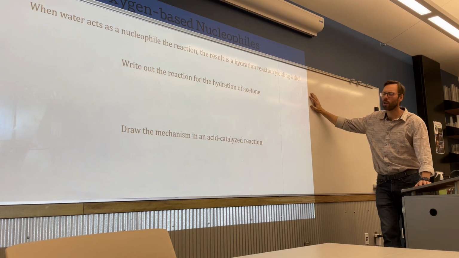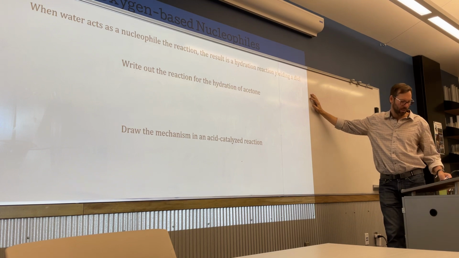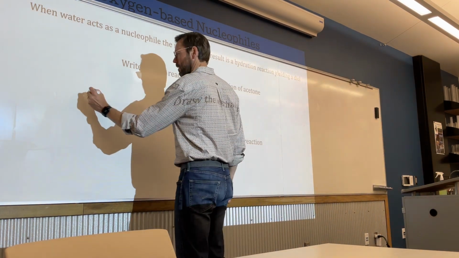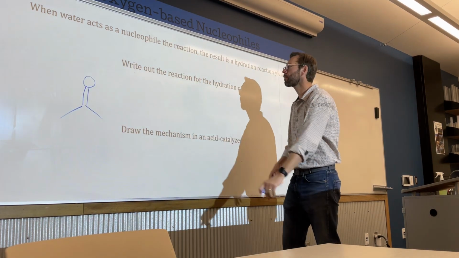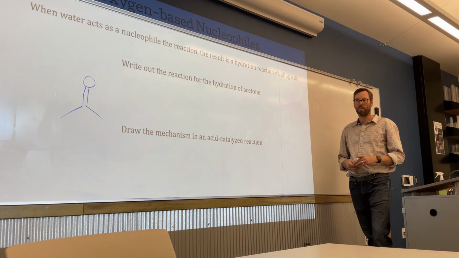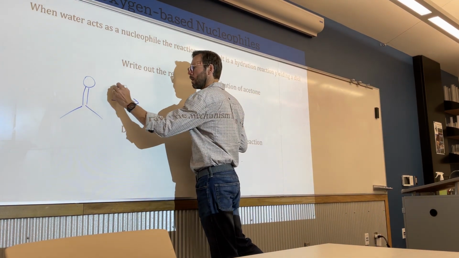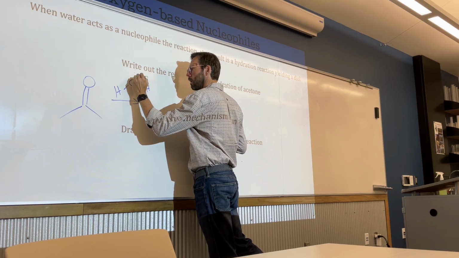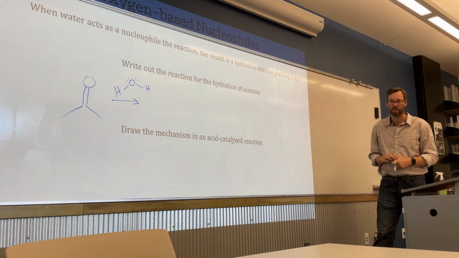All right, so acetone. What does acetone do? Acetone is actually the simplest ketone. It's just that. And if we take acetone and we put it with water, we can then come up with a mechanism.